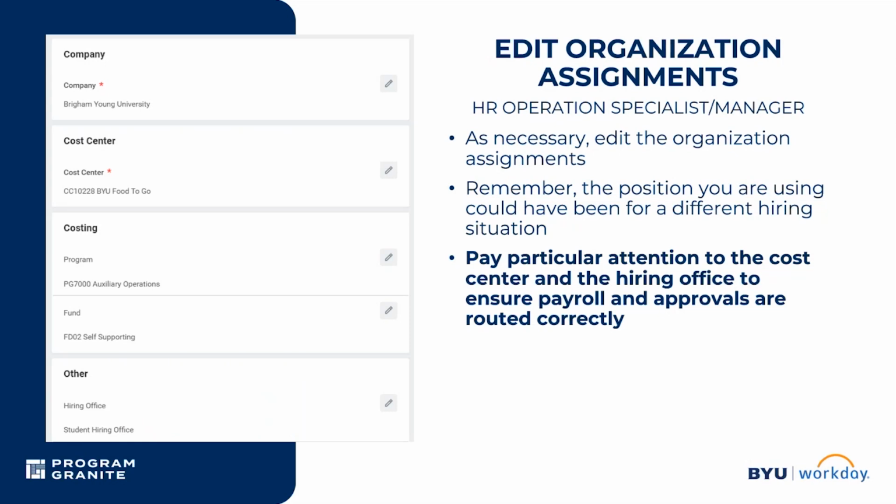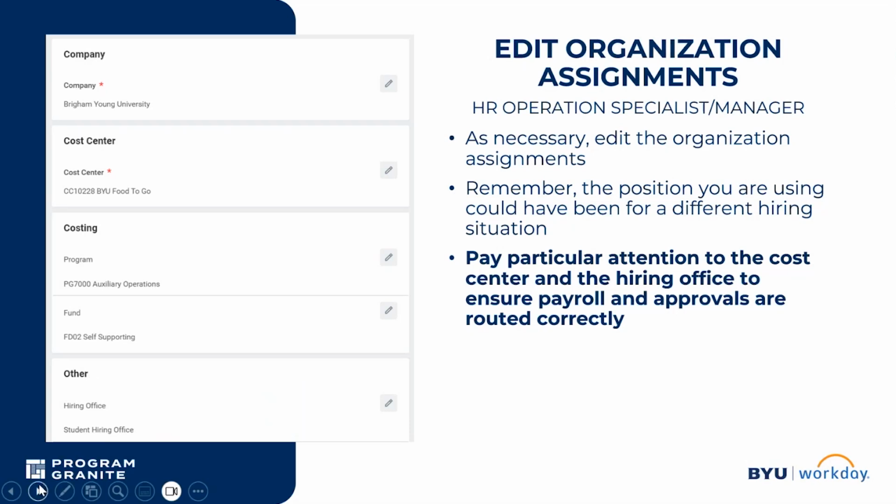This should have been configured at the time of create position. If you create a position, your next task will be to select organization assignments, right? And that should have already occurred. But maybe this position was slated for English, and now you're moving it to Spanish, okay? I don't think those are in the same department, but you get what I'm saying, right? You might need to change the cost center to a different department or a group or something like that, okay?